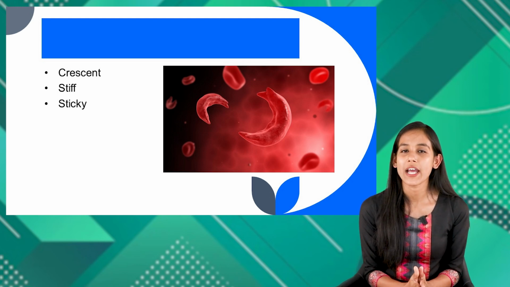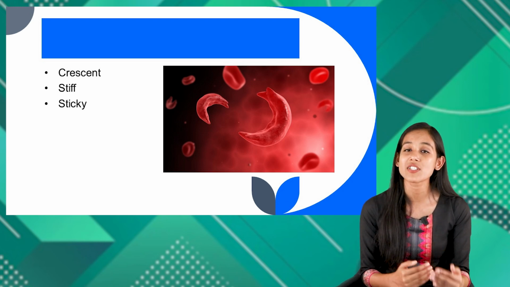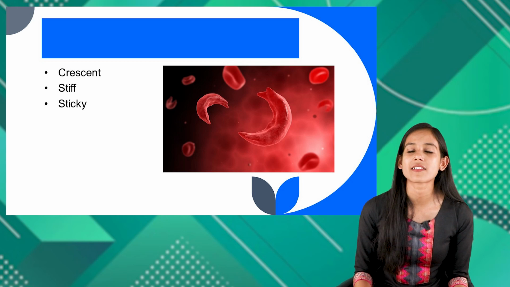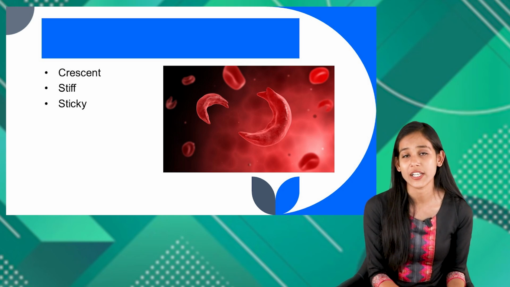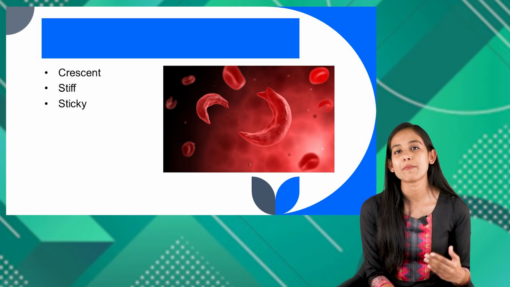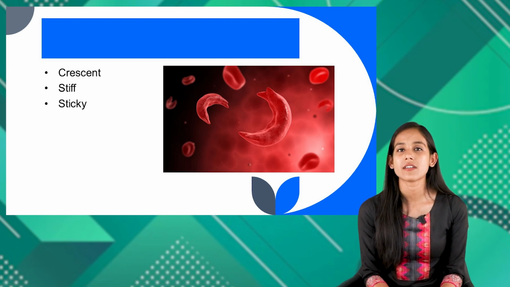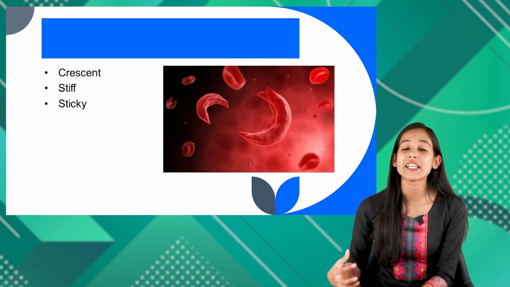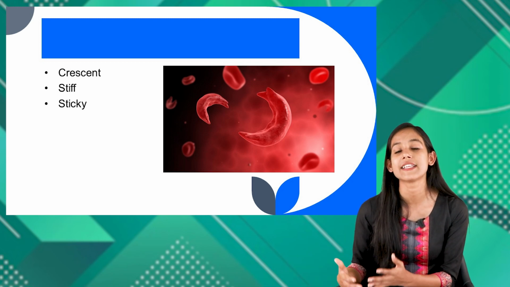So here the rate of destruction is much higher than the rate of production. The rate at which the RBCs are getting produced is much lesser than the rate at which the spleen is destroying the unhealthy RBCs.